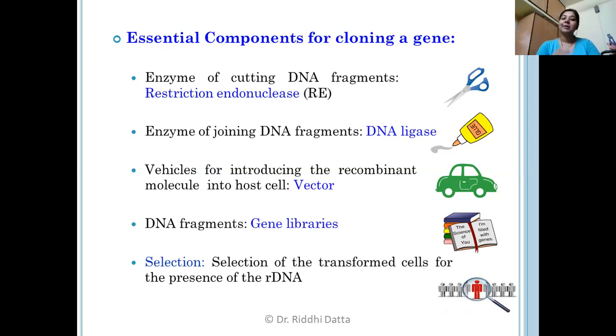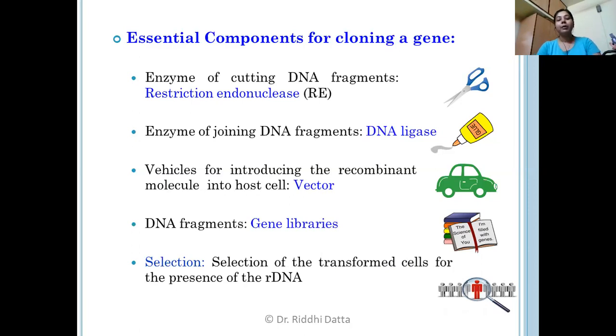Now, once we have synthesized this recombinant DNA, we need to introduce it inside the host cell. And for that, we need some vehicles for transportation. These vehicles are the vectors. Now, these vectors include plasmids, BACs, YACs, and many other options. We will learn about these vectors specifically in our subsequent classes.